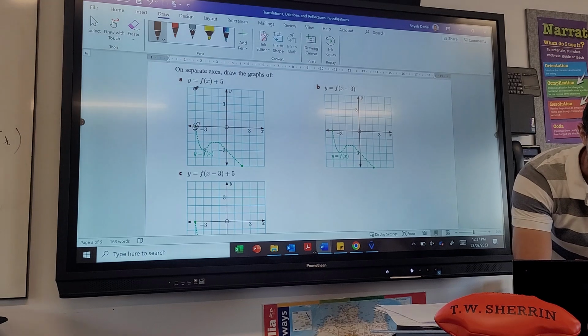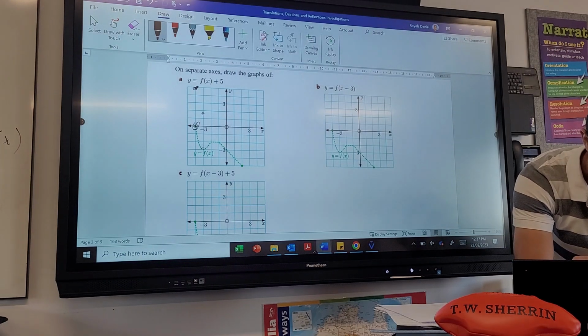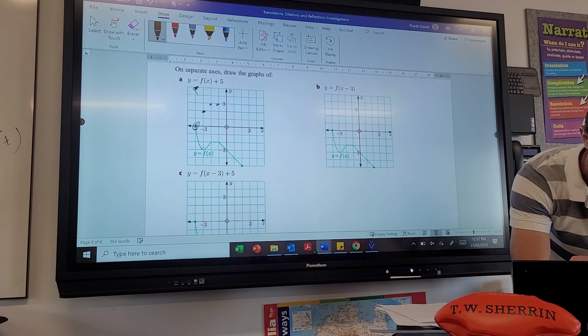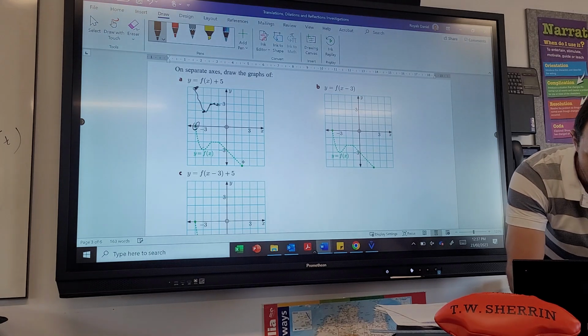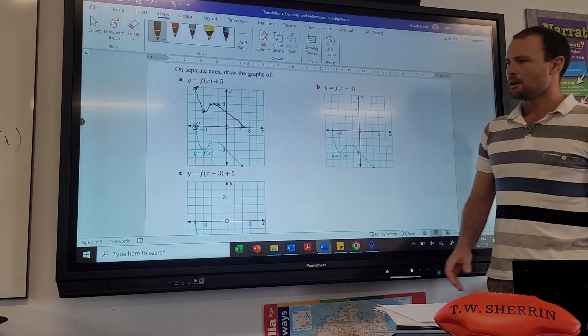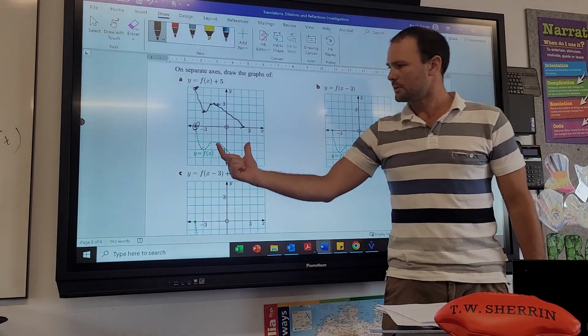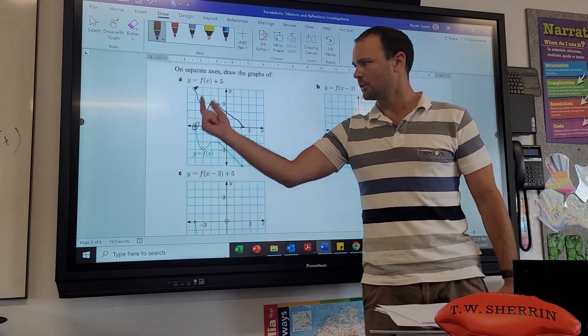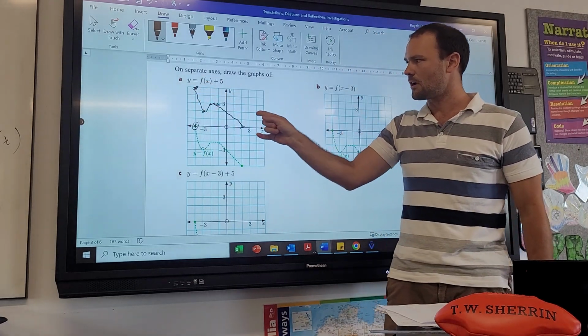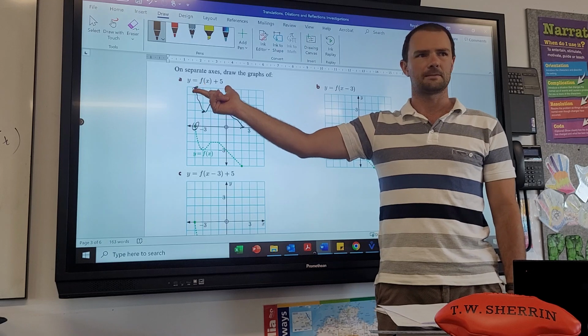This point's at -3. It moves up 5 units, so it's going to be there. Same with this point, up 5 units. I'm going to move all those points up 5 units, and then that one goes to there. It's a little bit clunky, but that's the function that results when you move this up 5 units. This is the graph of f of x plus 5.